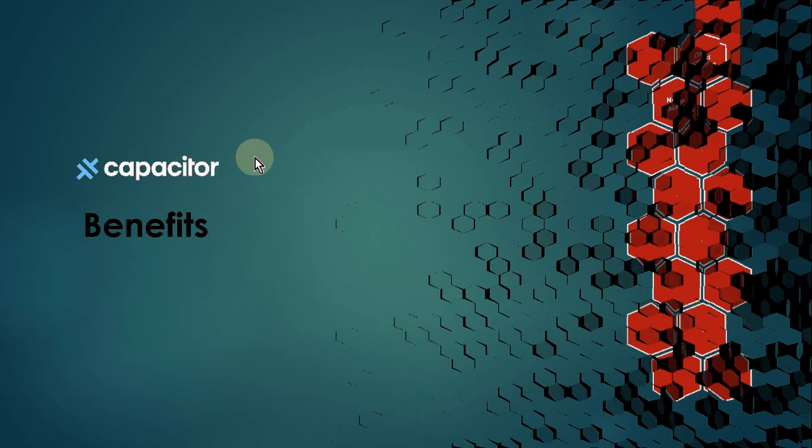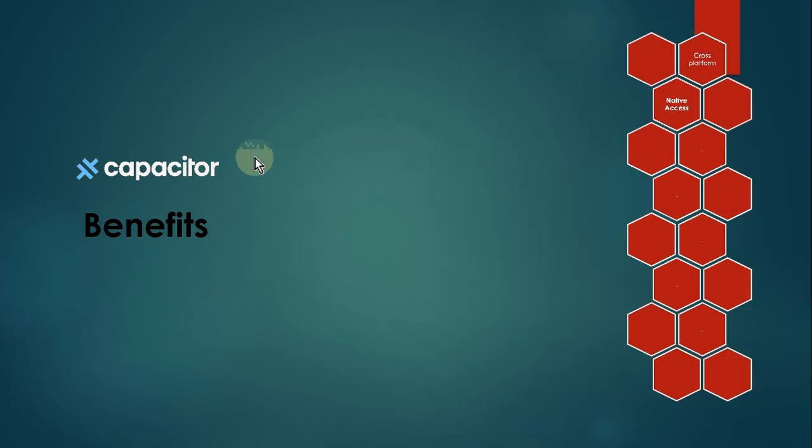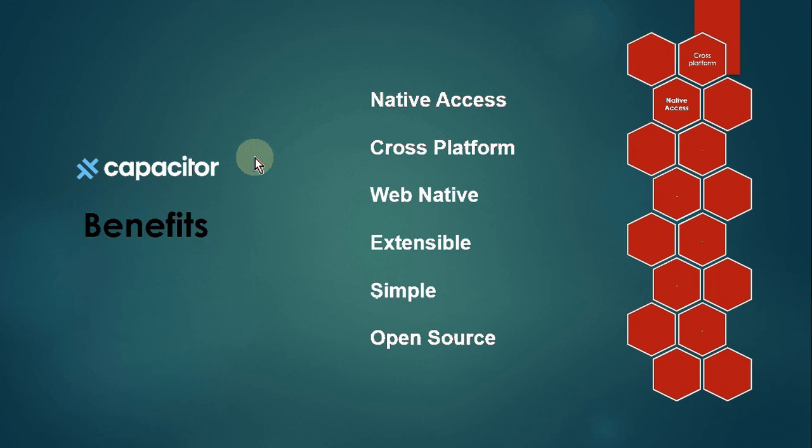Then we see the main benefits of Capacitor. The first benefit is native access. Capacitor is fully developed in JavaScript, and if you are familiar with Cordova, you can easily use Capacitor plugins as well. It supports a large number of plugins to access the native application. You don't need to depend on native hardware indirectly like Cordova. It is supported directly using JavaScript itself.